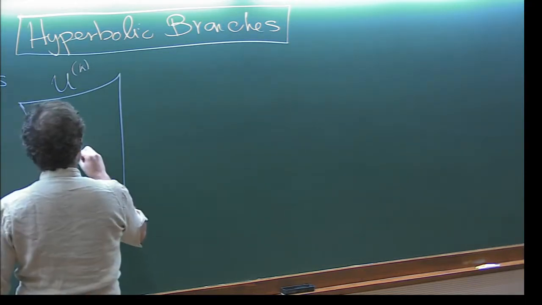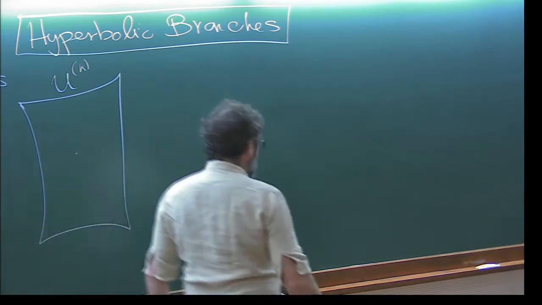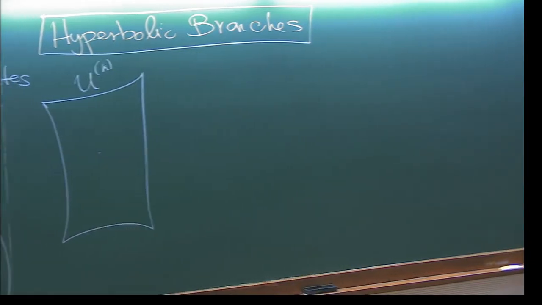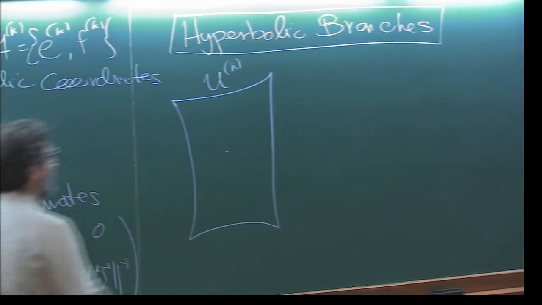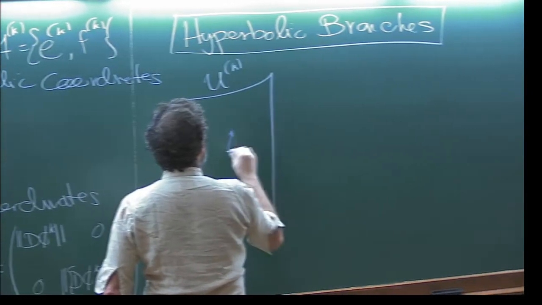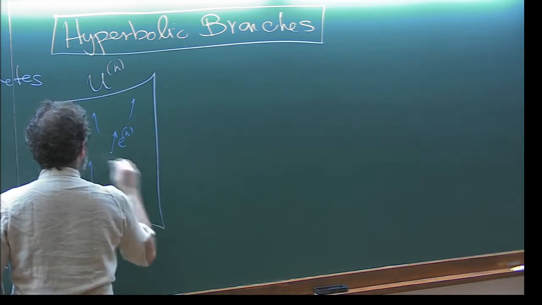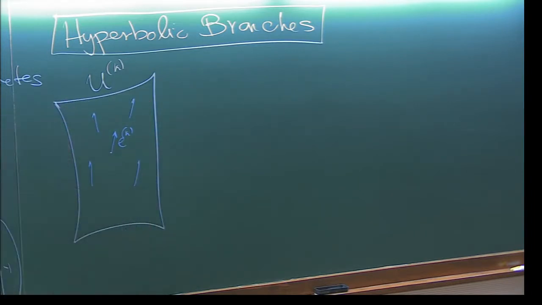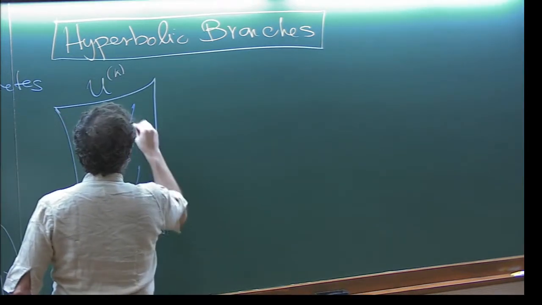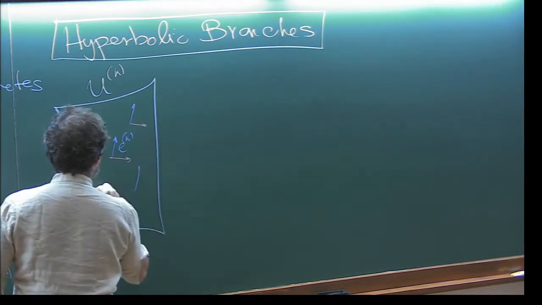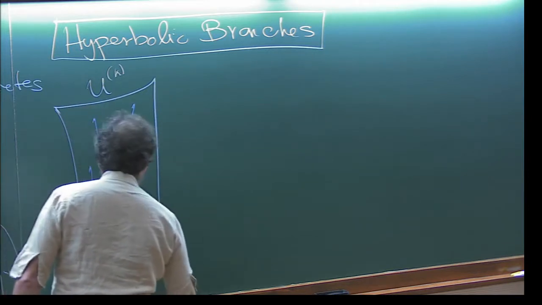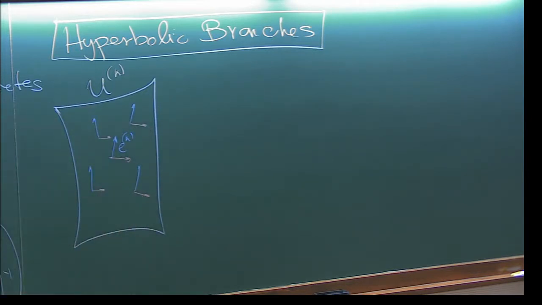Then at each point you have these directions. You have EK, a vector field here, and similarly the orthogonal vector field here. Because these vector fields are C1, they are uniquely integrable, and you have two foliations.